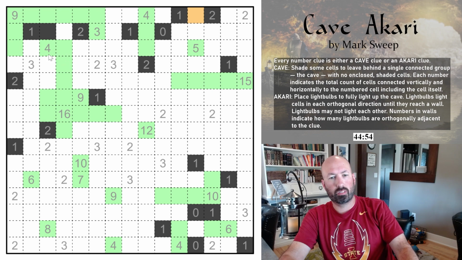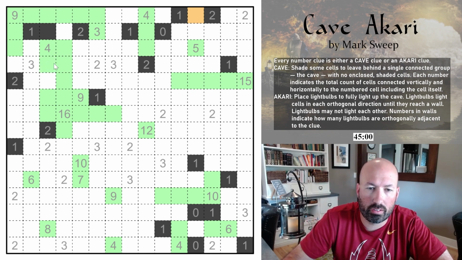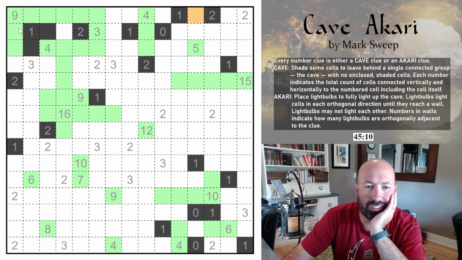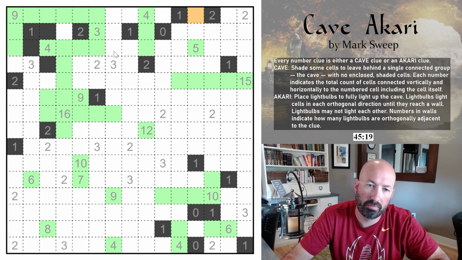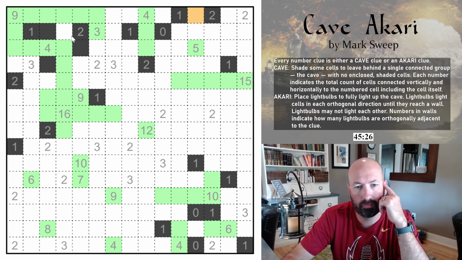So the only way for it to not go to the left is for it to... Oh, no, because it could do that. It can't do that. But it could do this. No, because that would trap... No, it wouldn't. This could still escape. Oh, well, it would break this 3, is what it would do. So essentially, the green has to go this way. The 4.